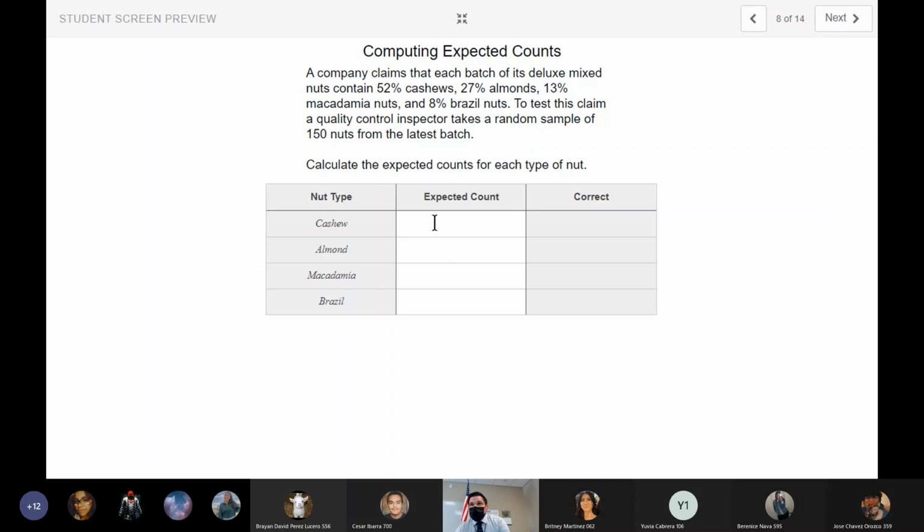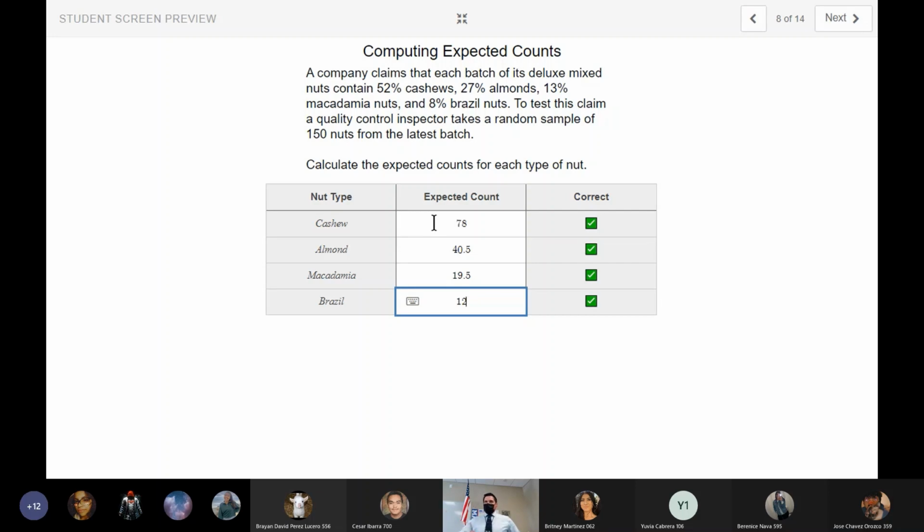All right. So our expected counts here for cashews should be 78, I believe. It'll tell us it's correct. All right, and then we should have 40.5 almonds, 19.5 macadamias, and 12 Brazil nuts, right?